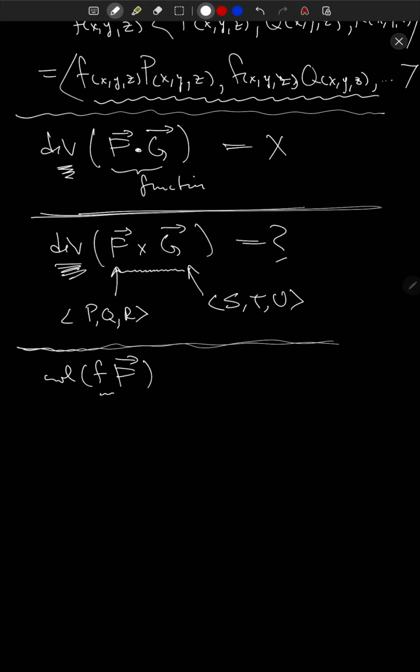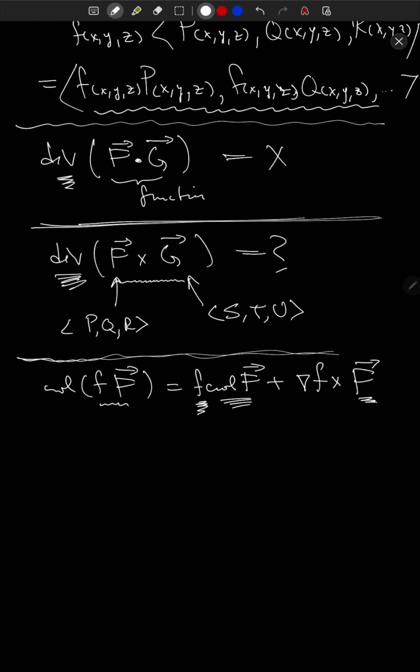So again, this makes sense because the inside is a vector field. You can take the curl of a vector field. If you just brutally calculate this, this is going to be f curl capital F, plus gradient little f cross capital F. So things might not look literally like the product rule, but essentially you have the right properties. So this is f, and then the derivative of the other term, and then this is the other term, the derivative of the first term.